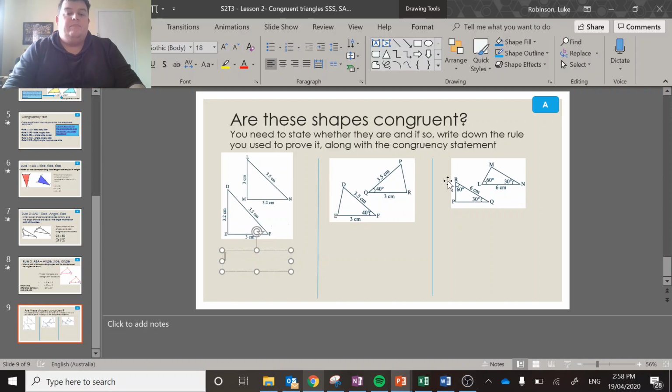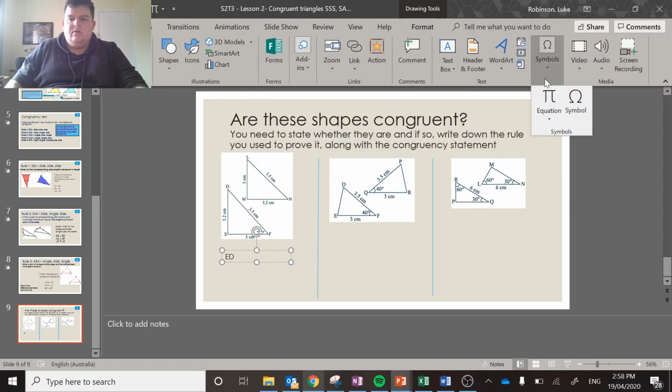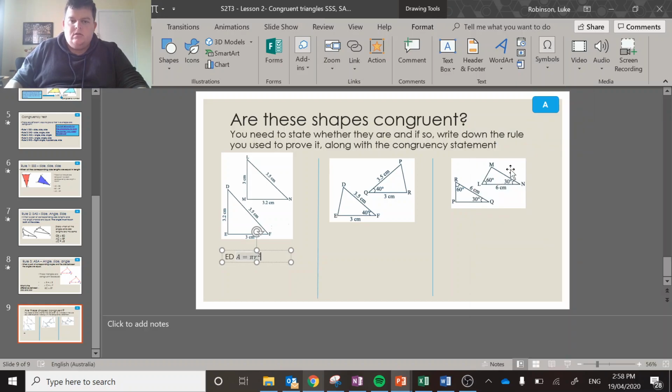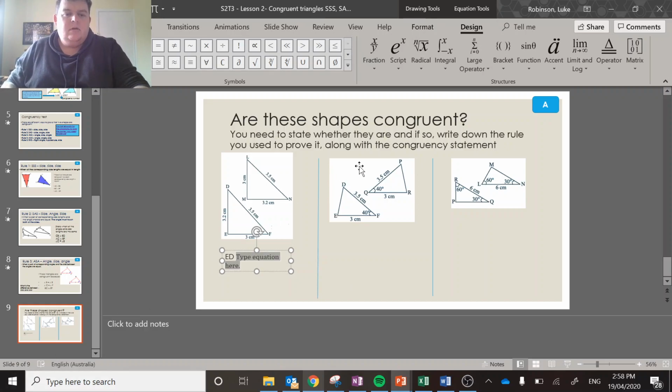Okay, so first one, I can see that E to D is the same as, and I've forgotten how to do this one here. I'll show you the symbol. Where's congruency? I'm looking for the little cake looking thing.